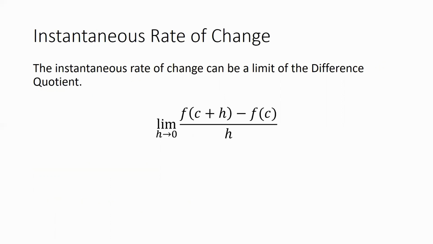We saw that this derivative came from the limit of a difference quotient. And that meant that the derivative is telling me an instantaneous rate of change. How fast is the function changing at a certain value?